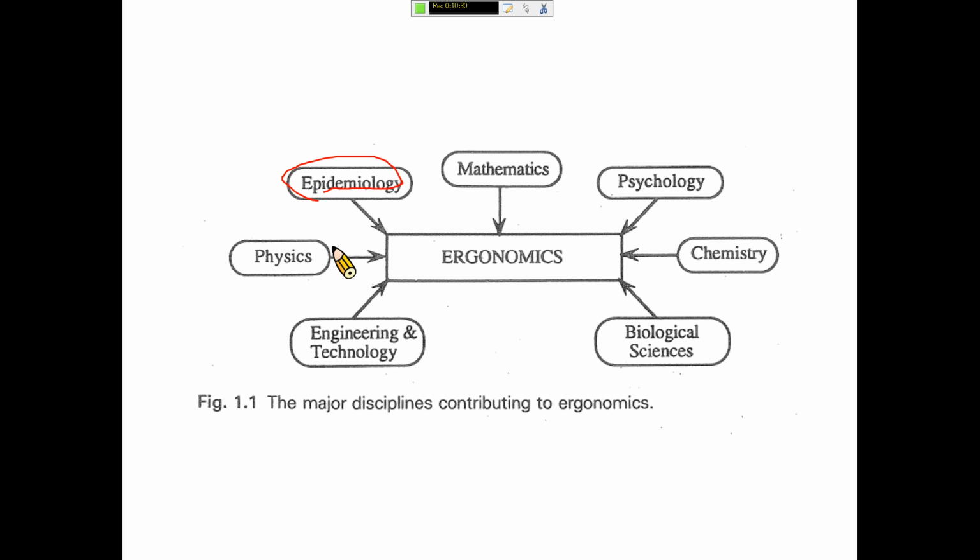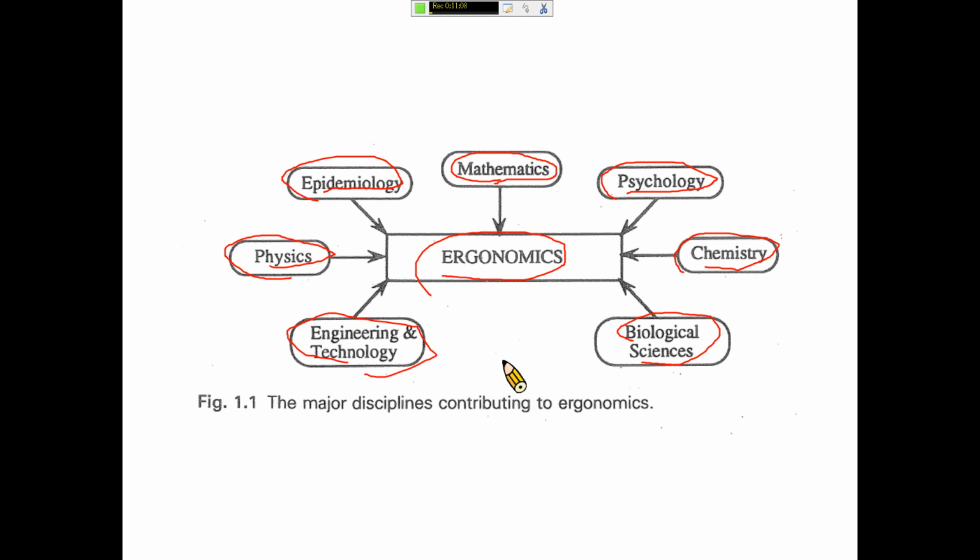Epidemiology, physics, because of biomechanics and energy study, chemistry, because of biochemistry, mathematics, because of statistics, psychology, biological sciences, engineering and technology. So ergonomics is a multidisciplinary area.